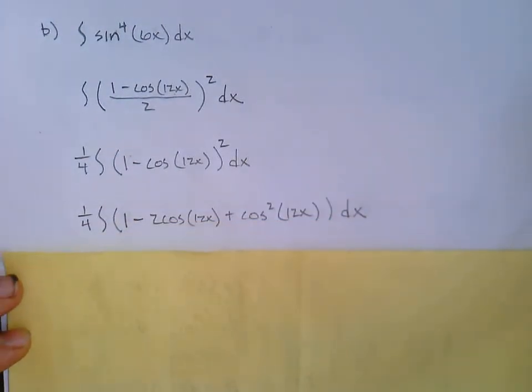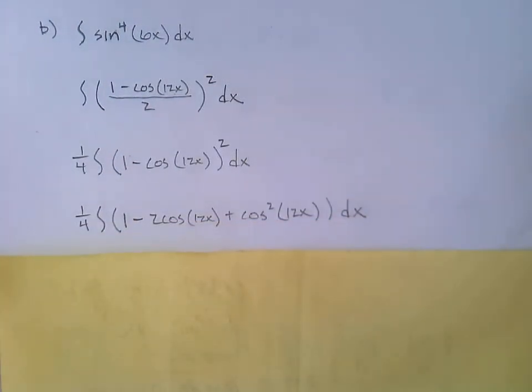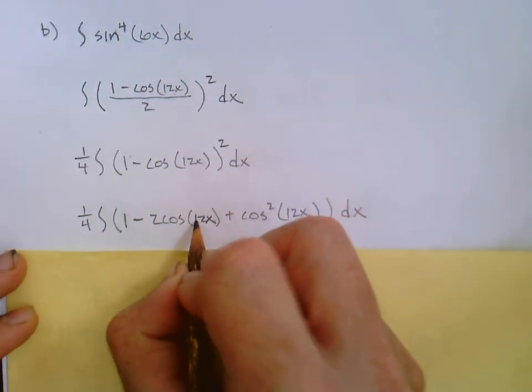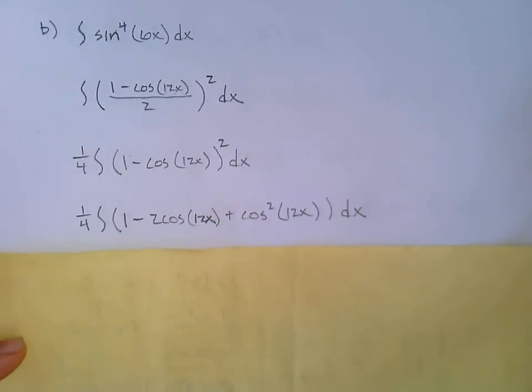So let's go ahead and pause the video at any time if you need to, obviously, if you need to write these things down and I'm speaking a little bit too quickly. Okay, so we've got the 1/4 on the outside, integral 1 minus 2 cosine 12x plus cosine squared 12x.